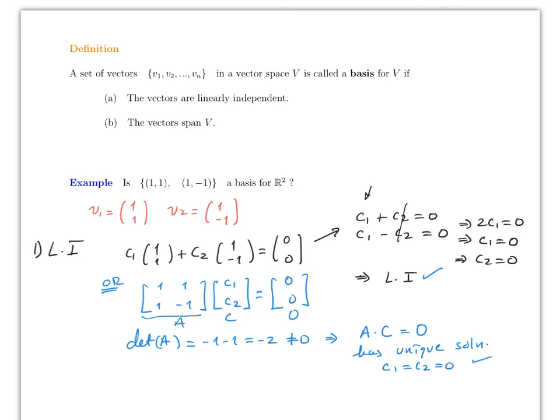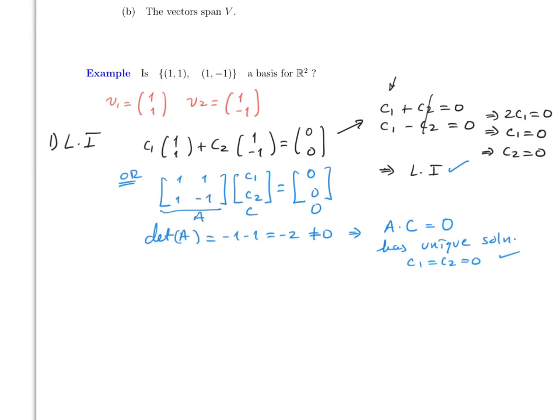All right, now let's look to see if these two vectors span the whole set. Remember that in general, any vector that belongs to R2 looks like this. So this is the general vector for R2, where x and y are any real numbers.